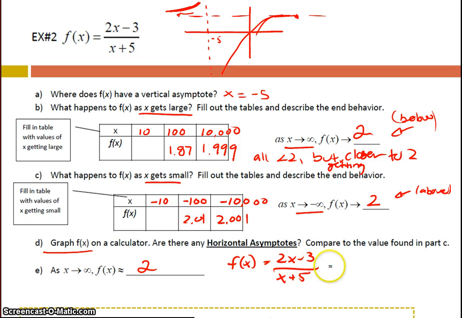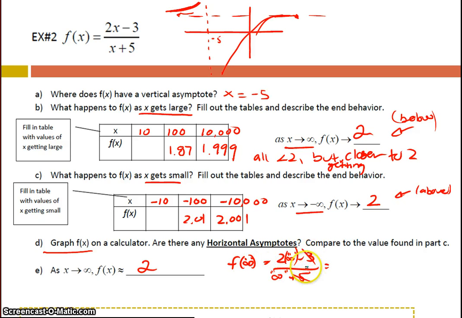You can't actually plug in infinity, but we can plug in something close to infinity, so approximately infinity, kind of use it with parentheses.